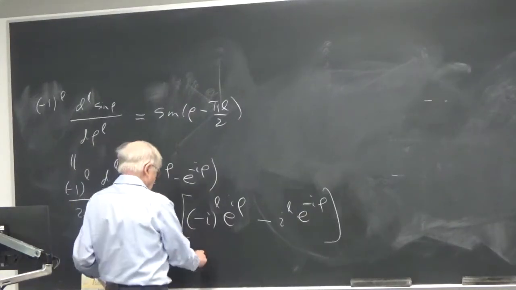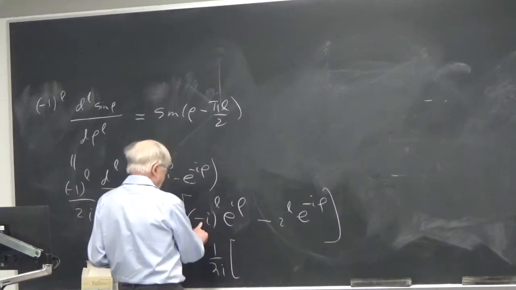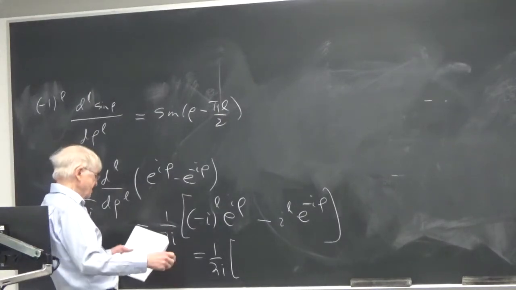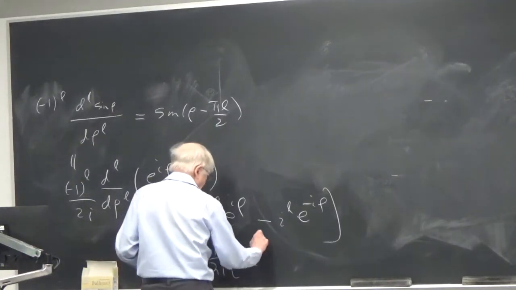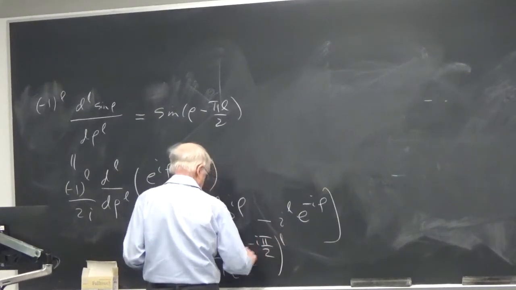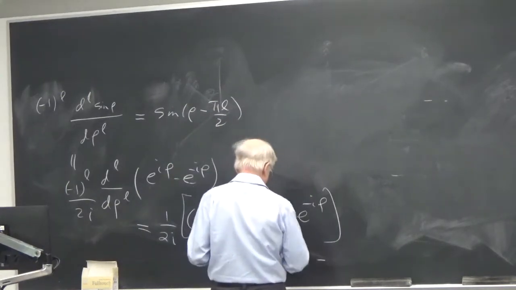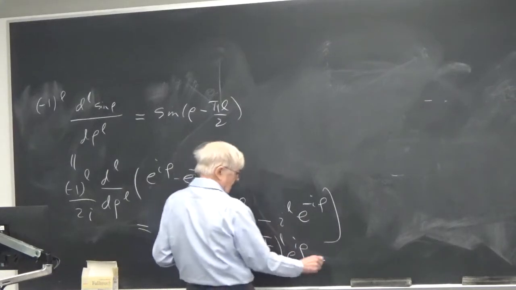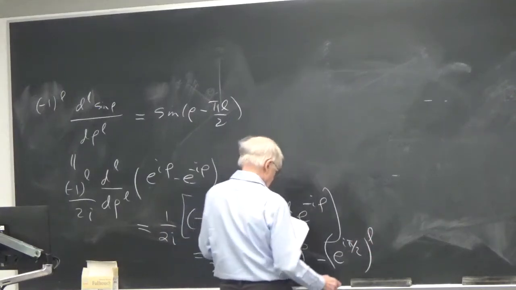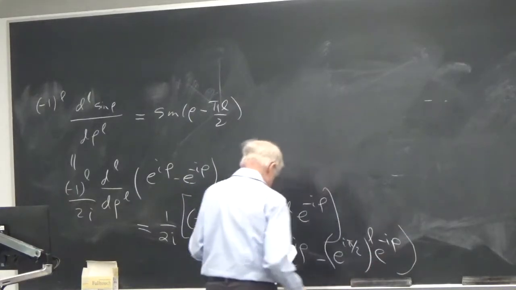Now we can rewrite this as 1 over 2i. Minus i is e^{-iπ/2}, and we're raising that to the power L, times e^{iρ}. Then we have minus, and this is e^{iπ/2}, and the whole thing raised to the power L, times e^{-iρ}.